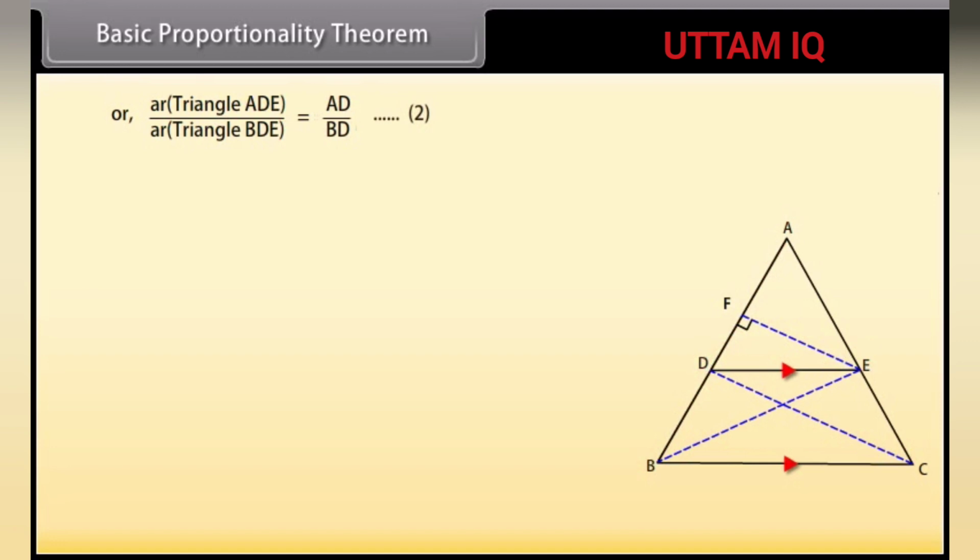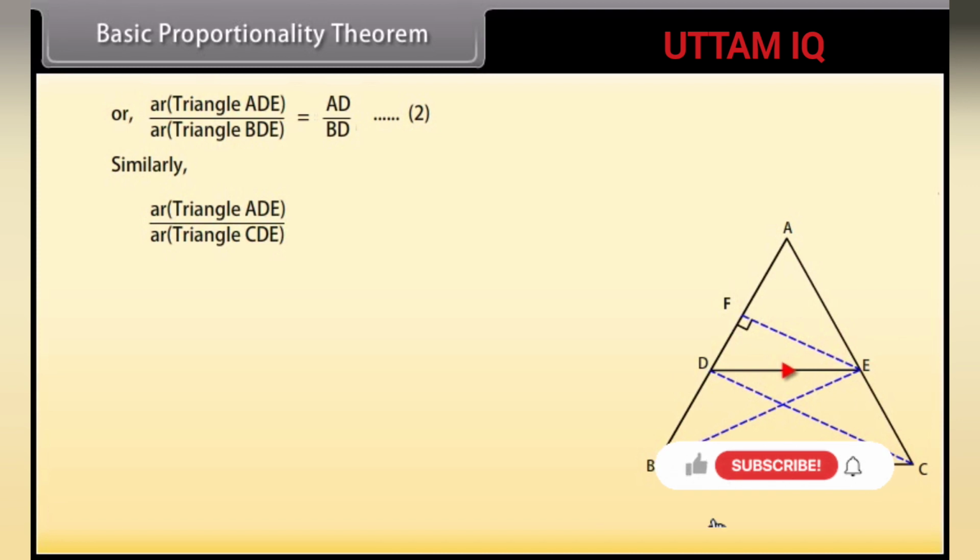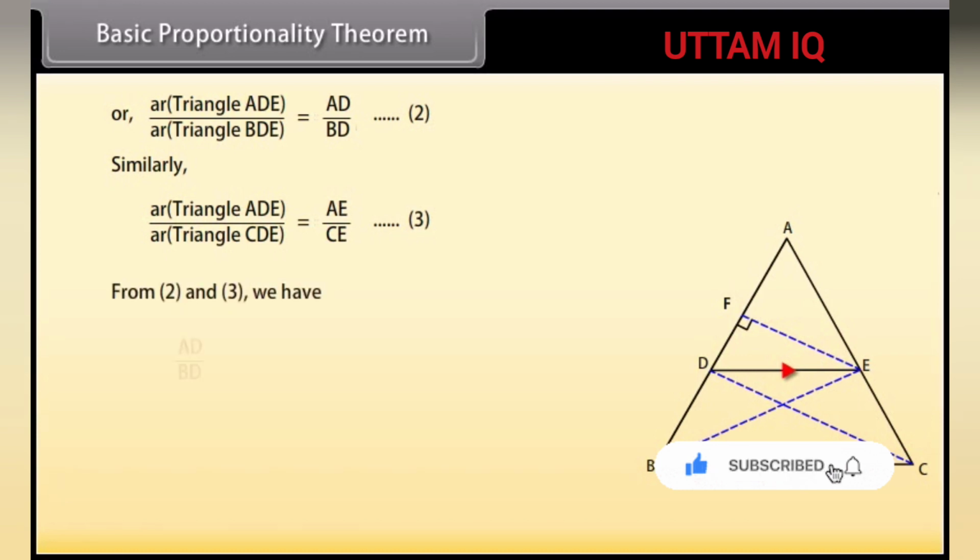Mark it as 2. Similarly, area of triangle ADE upon area of triangle CDE is AE upon EC. Mark it as 3. From 2 and 3 we have AD upon BD equals AE upon EC, hence proved.